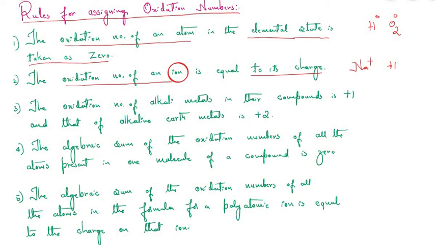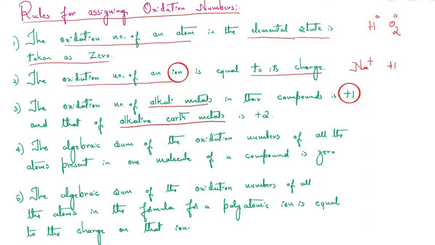The third one is that the oxidation number of alkali metals in their compounds is always +1, because they have the tendency to lose only one electron, and only after losing one electron do they acquire the nearest noble gas configuration, right? Similarly, alkaline earth metals, that is group 2 elements, have the tendency to lose 2 electrons.